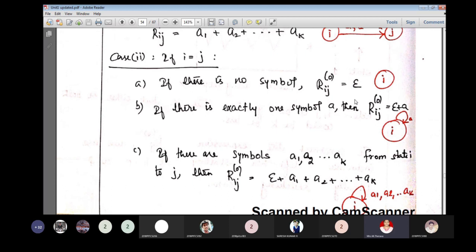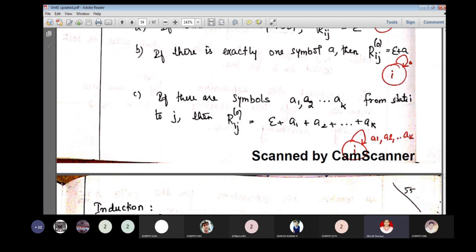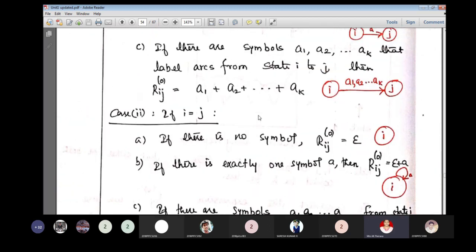Or else, if you have some transition over a, that can be represented with epsilon or a. What is the meaning? Without reading anything, you can be in the same state, or for reading a also, you can be in the same state. So epsilon plus a. Or instead of only one symbol, suppose you have more than one, as a1, a2 and so on up to ak. Then you represent it as epsilon plus a1 plus a2 plus and so on plus ak. So these are all the basic steps.